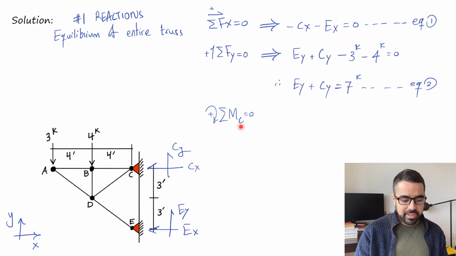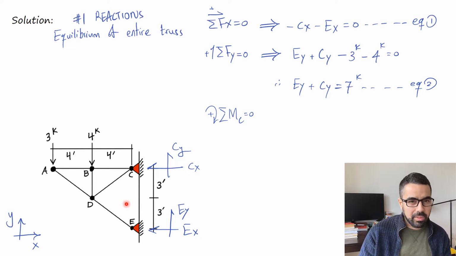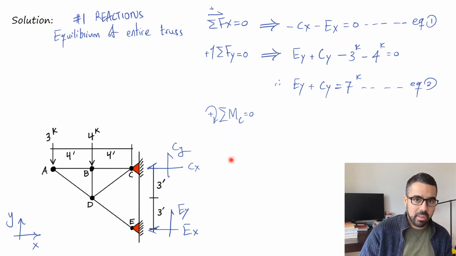What I did is take the moment around C equals 0. You can take it at D as well, but that will complicate the problem because all four, EY, EX, CX, and CY, will be there. That's why I think E or C are your best options to find the moment.